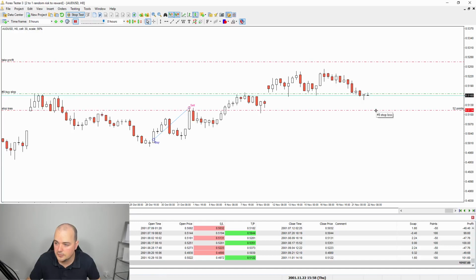50 pips. Just making sure these are exact. Okay. So the market could continue lower and hit that stop, or it could go up and give us a nice reward, bringing the account up to 10,200 if that happens, or we'll go back down to 10,050.